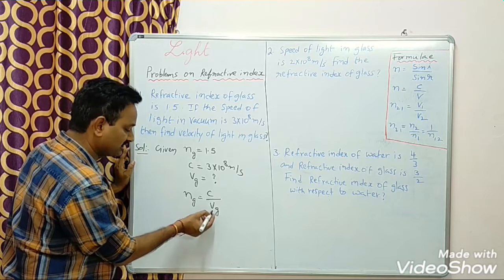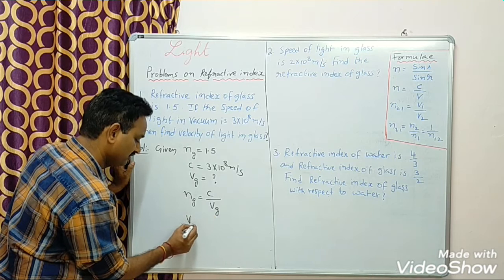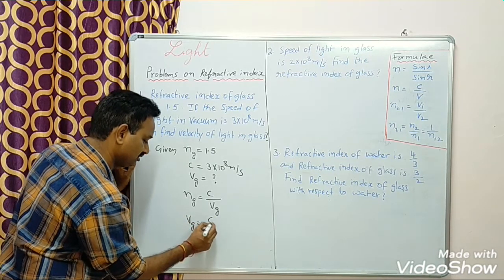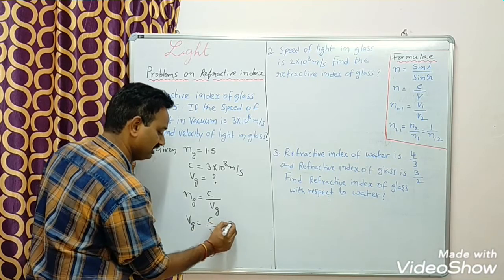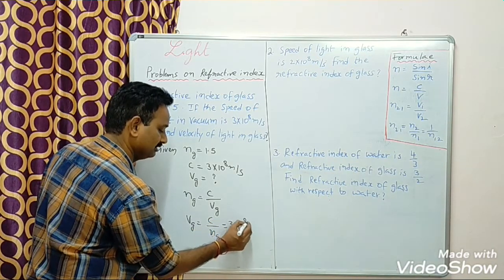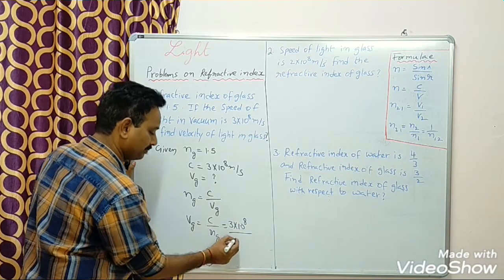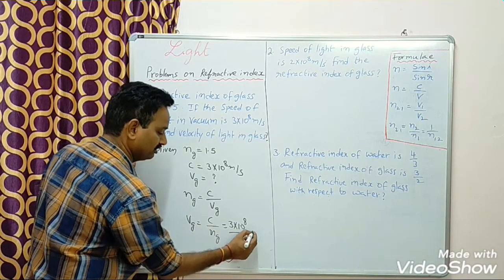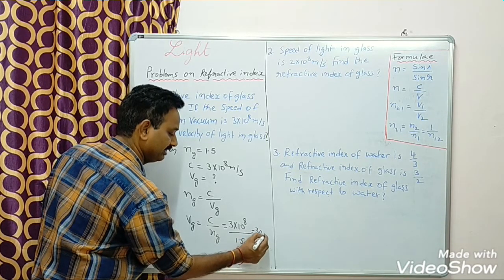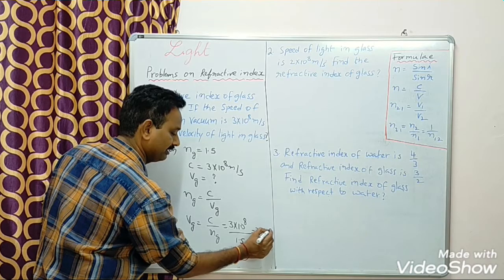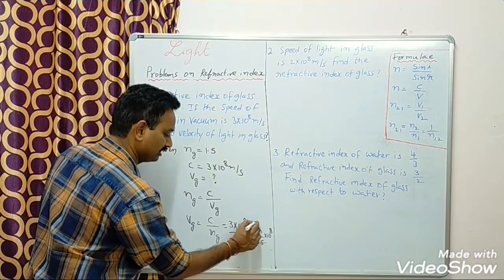So I will write velocity of light in glass to the left side. Vg equal to c by ng. That equals c, which is 3 into 10 power 8, by refractive index of glass 1.5. So this I can write as 30 by 15 into 10 power 8. 15 twos are 30.